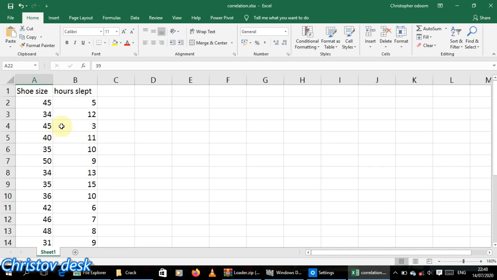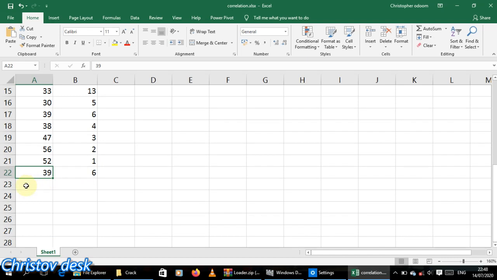But we want to do a descriptive analysis on each of these, the shoe sizes and the hours slept. If you want to do this without using any Excel built-in analysis function, you would look at the count, which is how many items there are, or the average, that's the mean.